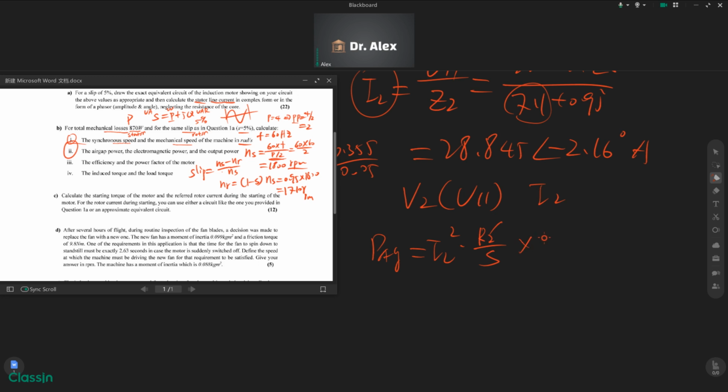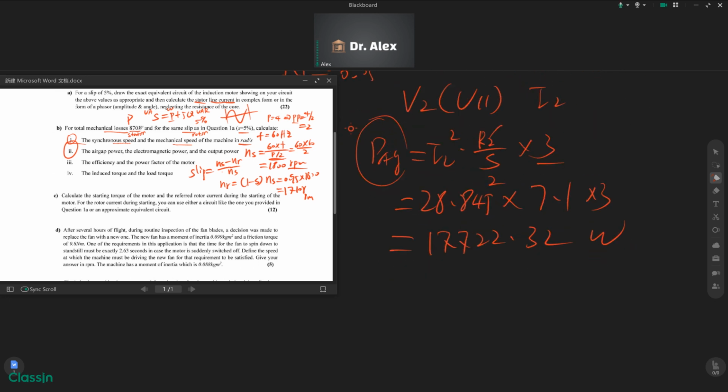We need to multiply by a factor of 3, which is 28.845 square times 7.1 times 3, which is 17722.32 watts.